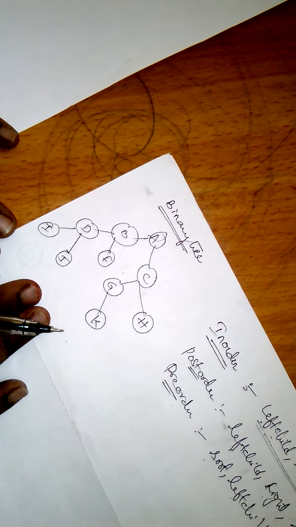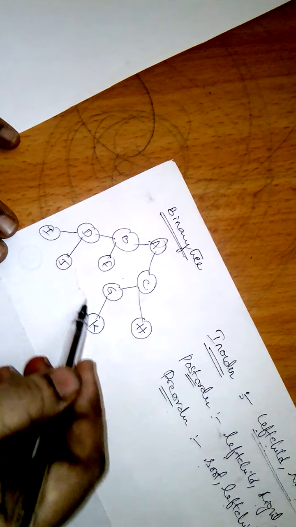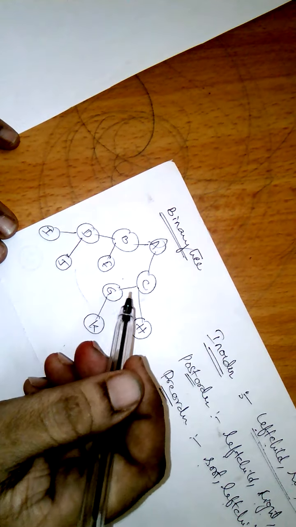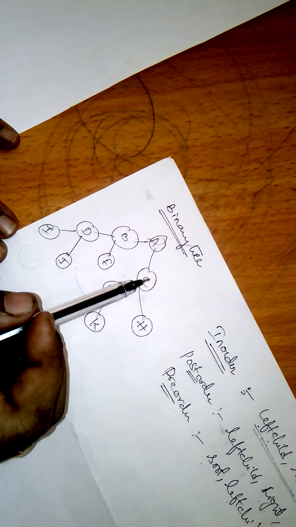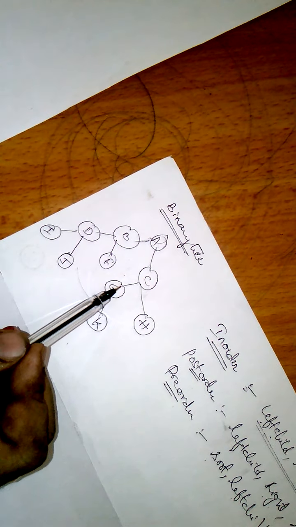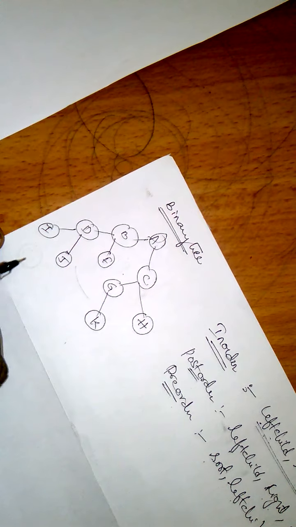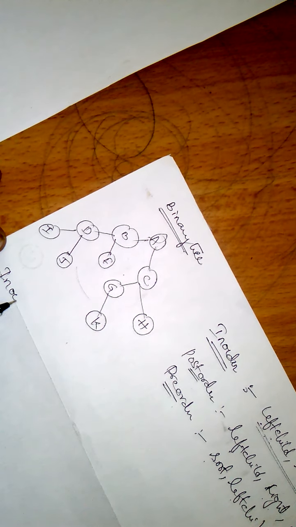Now this is an example binary tree. I want to display the nodes of this binary tree, so I have to traverse through its nodes. First I am taking inorder traversal, to display the nodes of the binary tree in order.